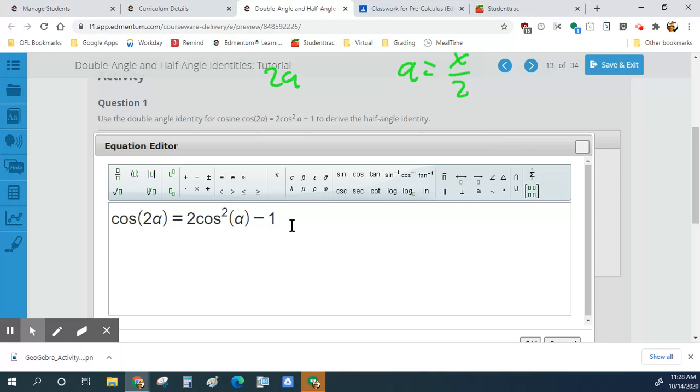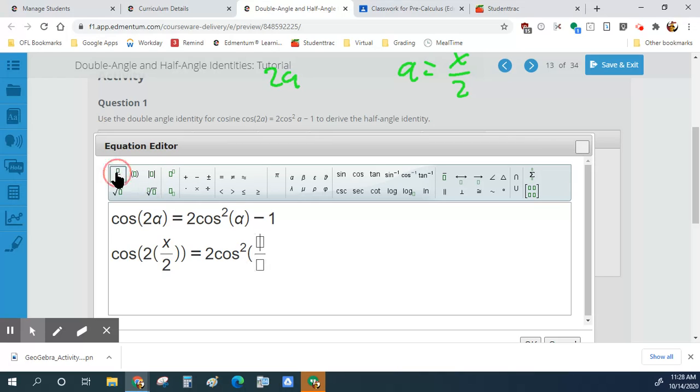Then we're going to replace this cosine with this 2 of x divided by 2, and we're going to call that 2 cosine squared of x over 2.